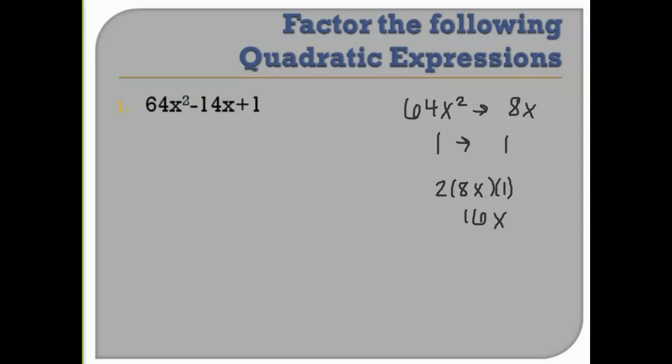And 2 times 8 is 16. Does 16 match my middle term? No. So if that middle term does not match, this is not factorable. Another way of saying that is writing out prime.